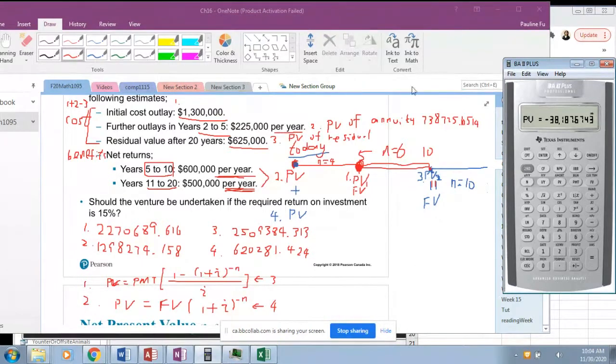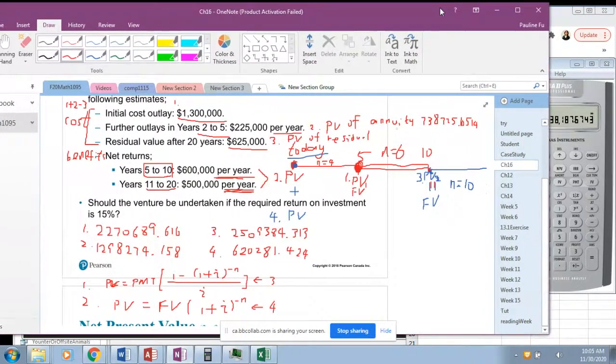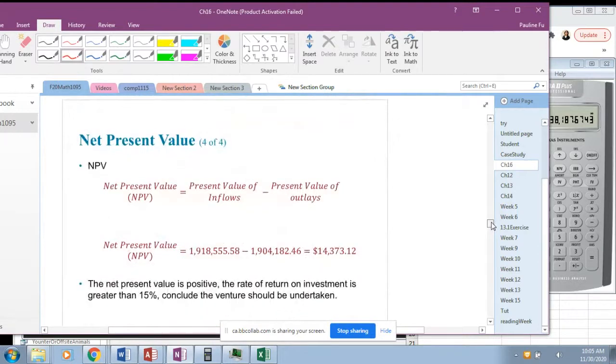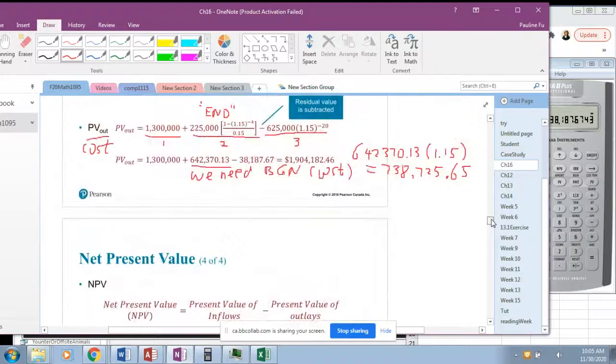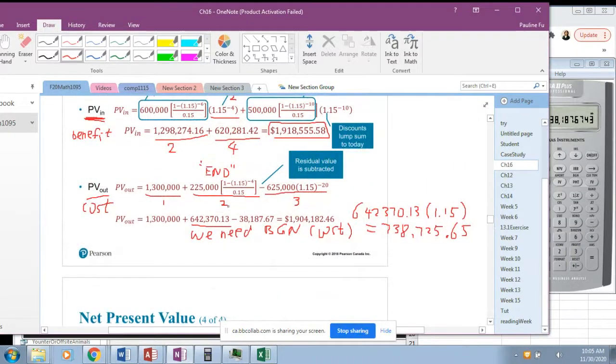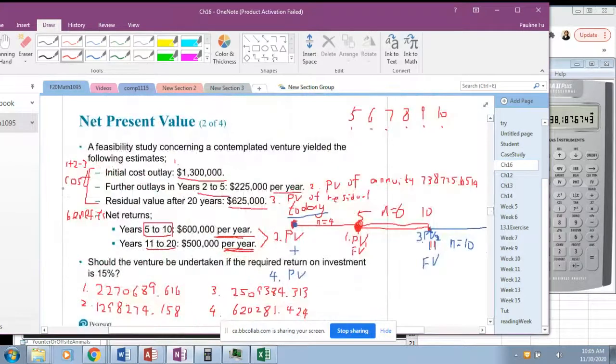That is the number. Yeah, this number agrees with the calculation here: 38,187.67. Okay, so we used the calculator and did these 3 steps for the cost.